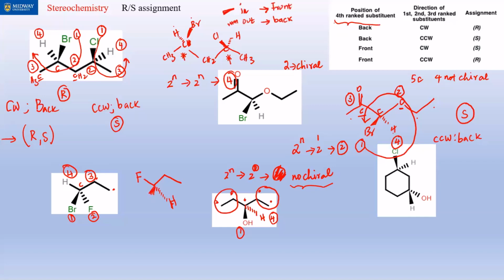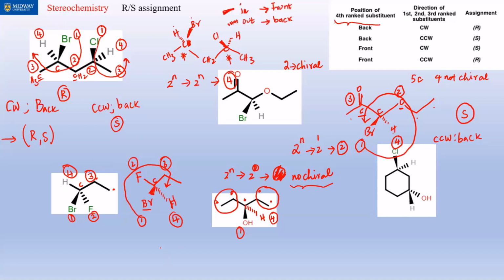Switch one, either the in or the out, doesn't matter which one. Now go back and assign priority. This carbon is attached, first point of contact, Br is big, second fluorine is big. This is attached to carbon, which is smaller than fluorine, so that's 3, and hydrogen is 4. Now connect the 1, 2, 3s.